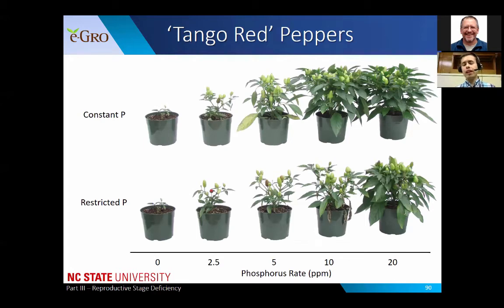But when you look at the plant that was grown with 10 parts per million phosphorus and restricted to 0, you can see that this is where the symptoms really came in compared to the constant P plant. And you can see that there were those necrotic leaves falling off. And you can see most of the missing leaves are actually the ones just below the peppers. They're the leaves that were closer to the top of the plant.